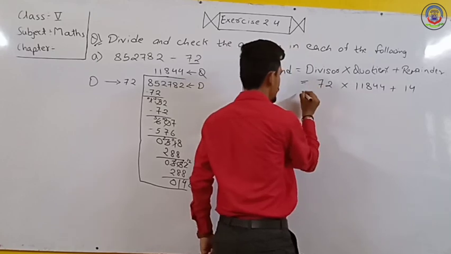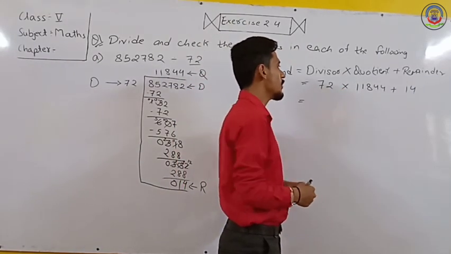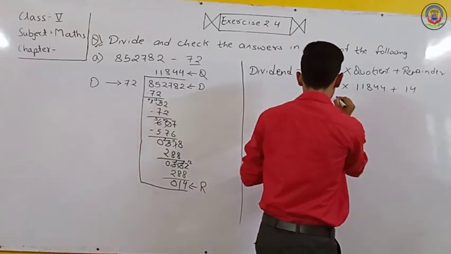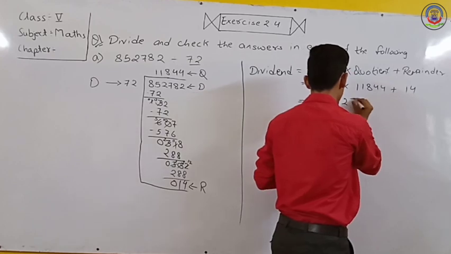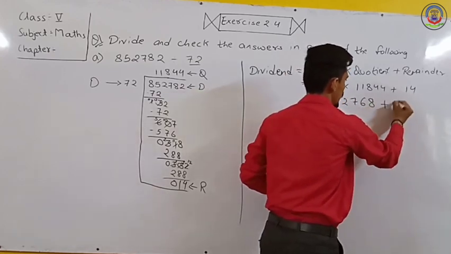So as we know, multiplication of 72 and 11,844 is 8,52,768. Now we add 14.